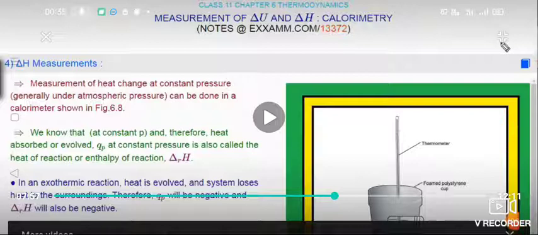In some places it will be written as S also. So the heat energy absorbed or released can be calculated from the formula C into M into delta T. It is given in your textbook.